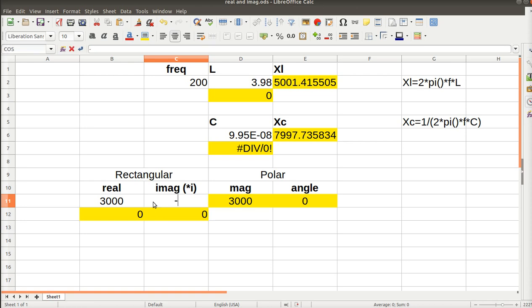So minus 3,000. And what you see is that I have a triangle, 3,000 real, 3,000 imaginary, and then the magnitude of the hypotenuse is this value, and the angle is minus 45.